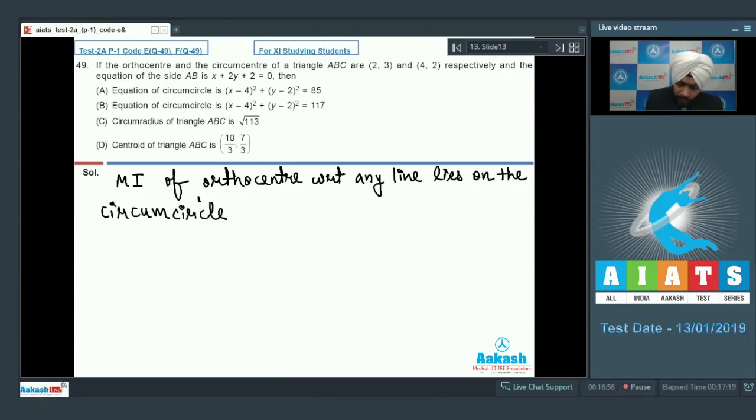So what you have to do, you have to find the mirror image of the point H, that is (2, 3), with respect to the line AB, that is x plus 2y plus 2.